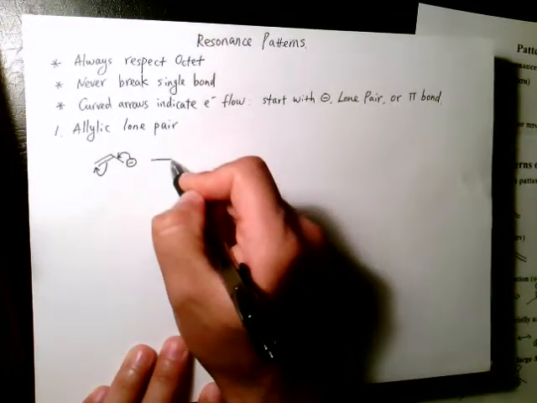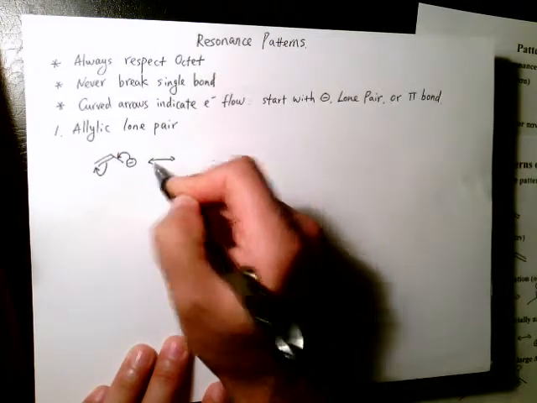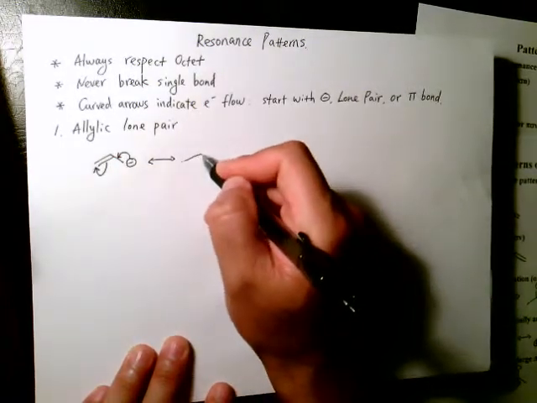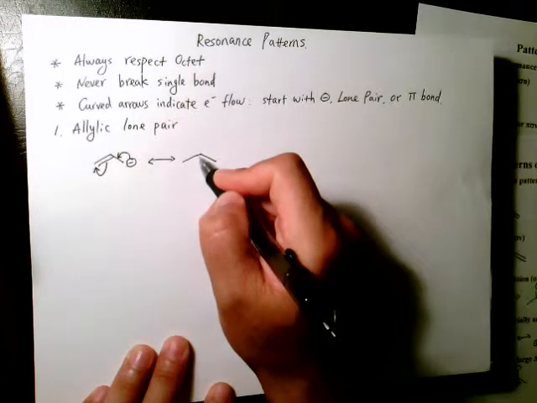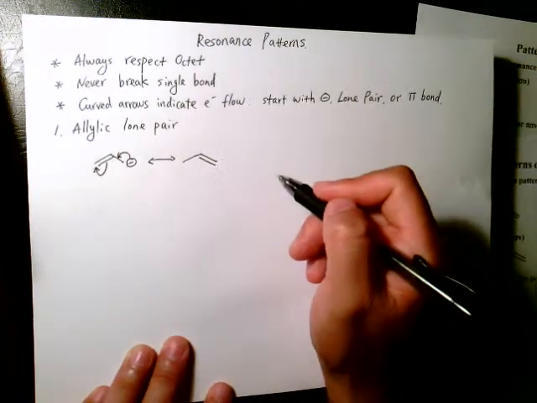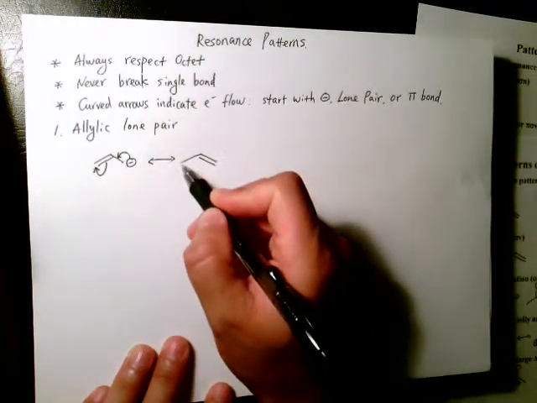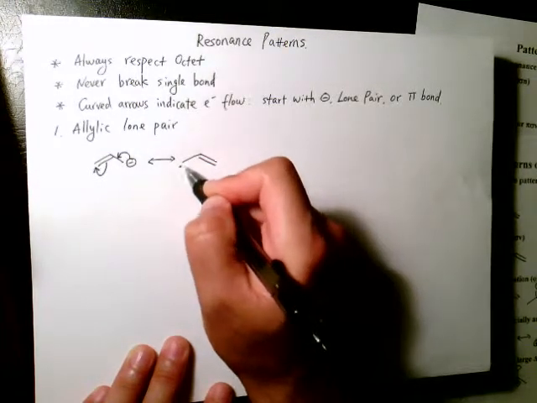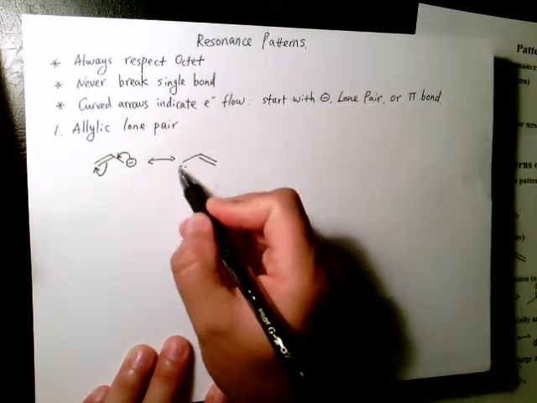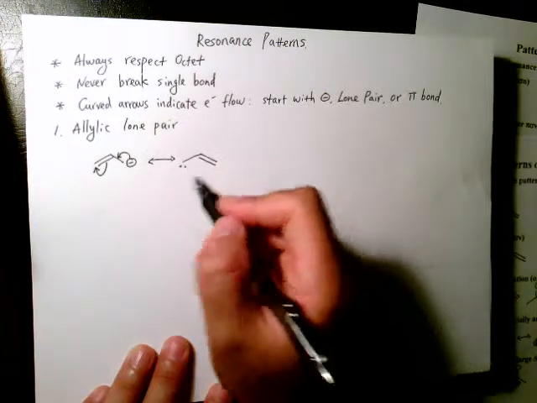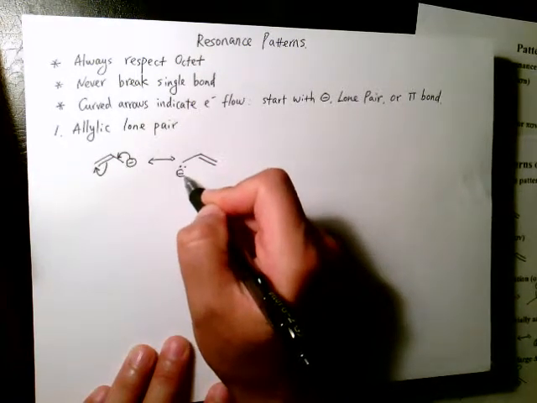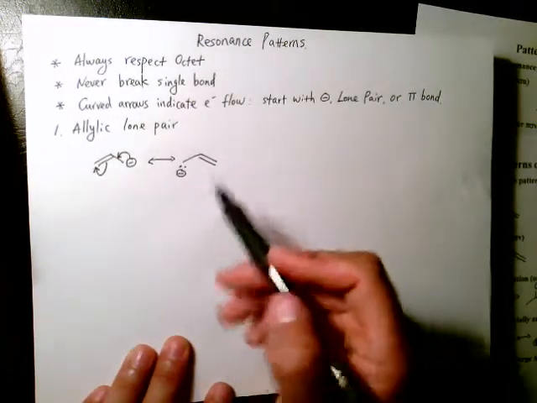Now if we draw the curved arrows, as a result of the curved arrows, for that position we are going to generate a double bond, and on the other position we are going to generate a lone pair. This lone pair on carbon is always going to have a negative one charge. You can try it.